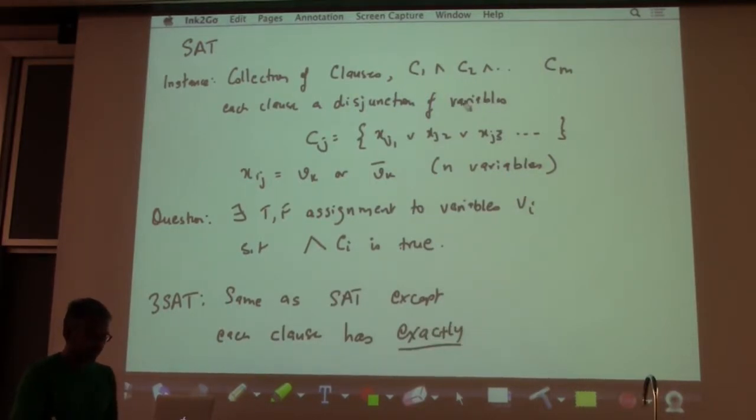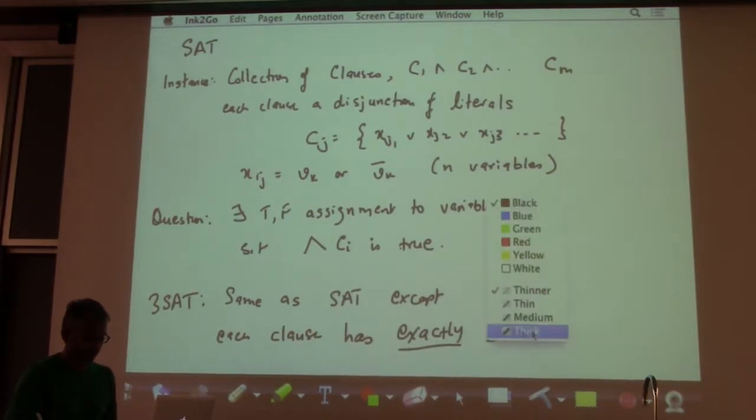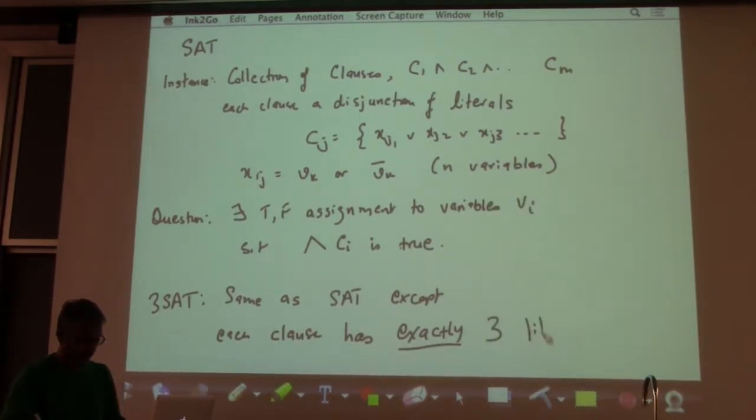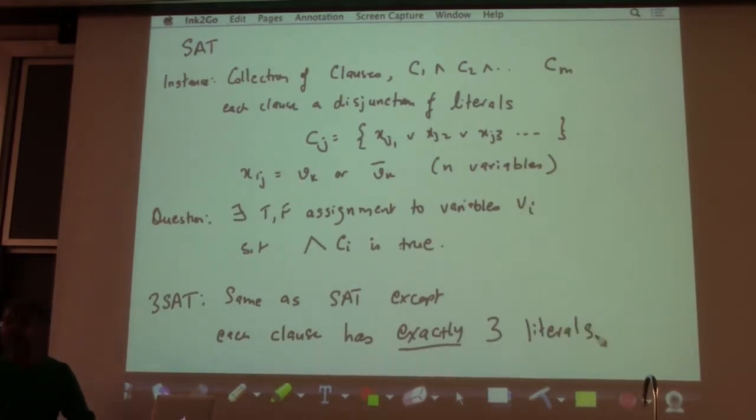I'm going to call these literals, just to distinguish from variables. Okay? So I don't have this big long line of literals in the clause, I have exactly 3. It turned out to be more convenient to work this way.